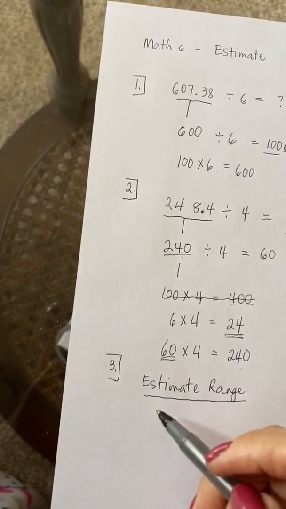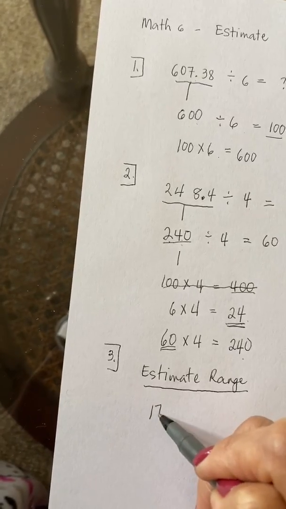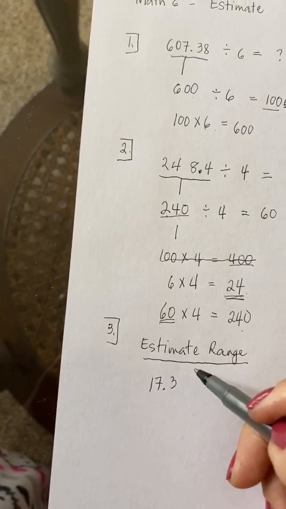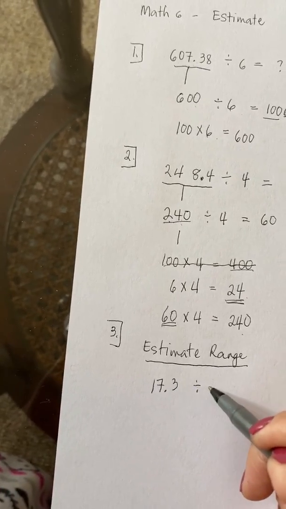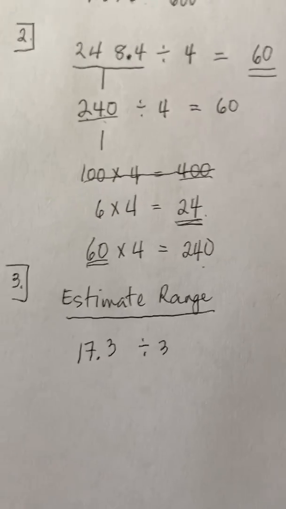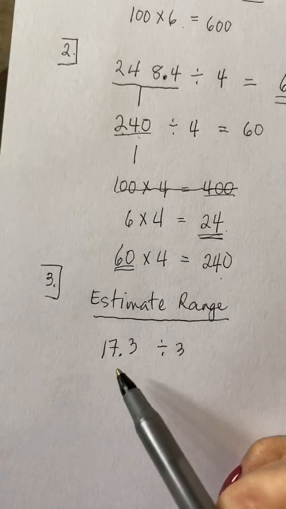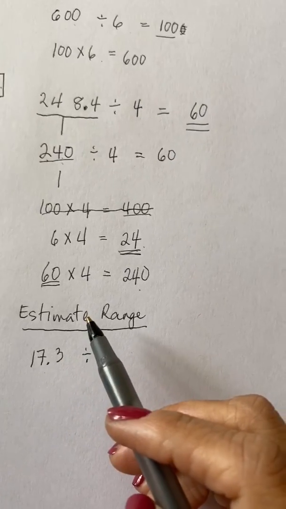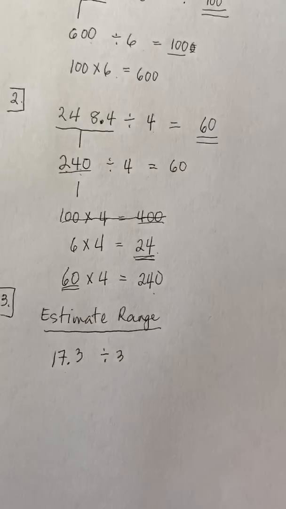All right, let me start with number 3. It is 17.3 divided by 3. Okay, again, when we estimate, we are going to make 17.3 a whole number, which we can do by rounding off to the greatest place value.